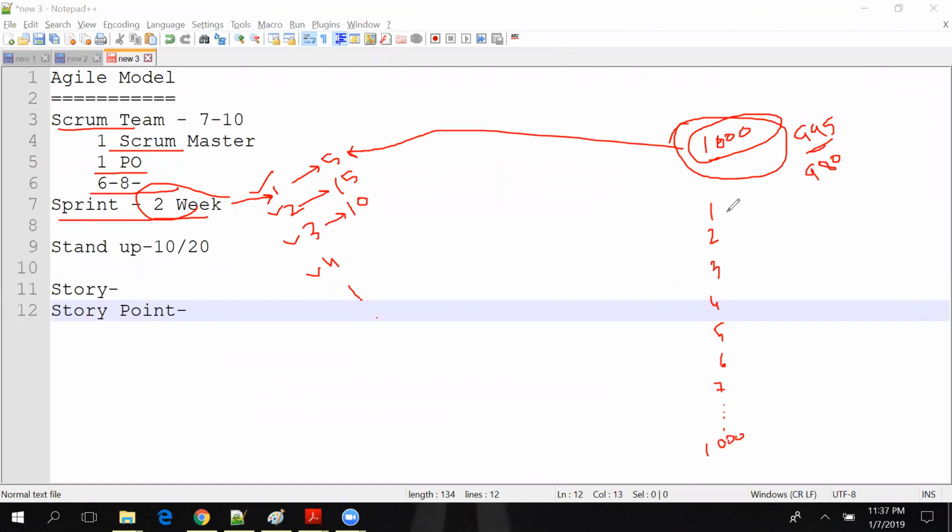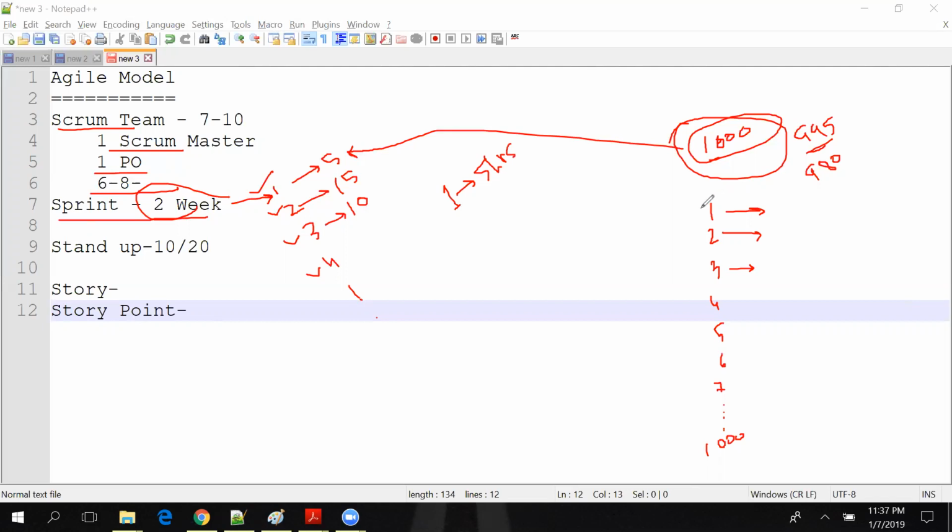Against each story, you have to decide some point to give. That is called story point. Now you have to decide for 1 point how many hours. For example, you have decided 1 point means 5 hours.